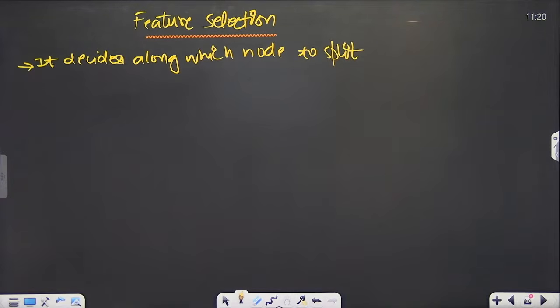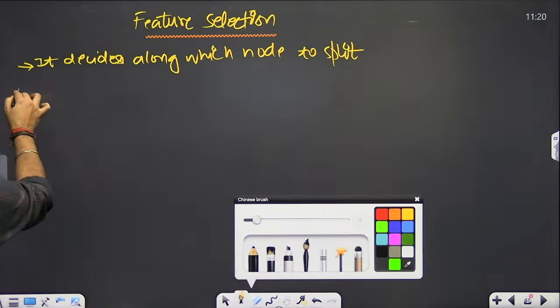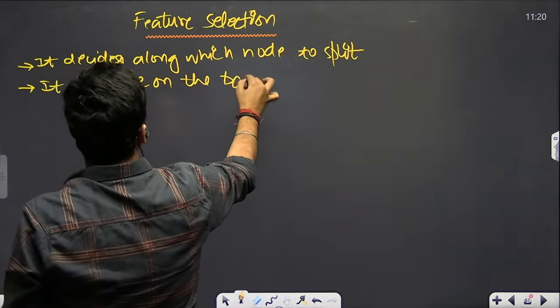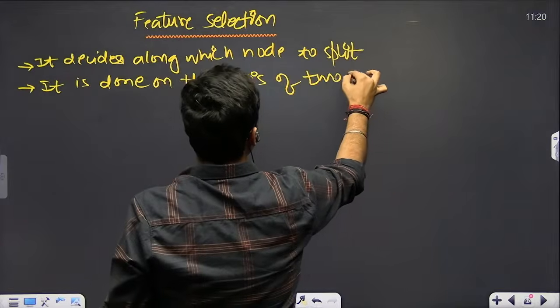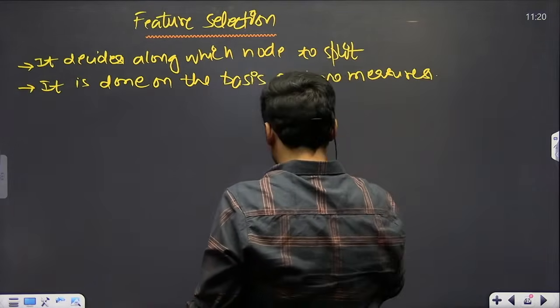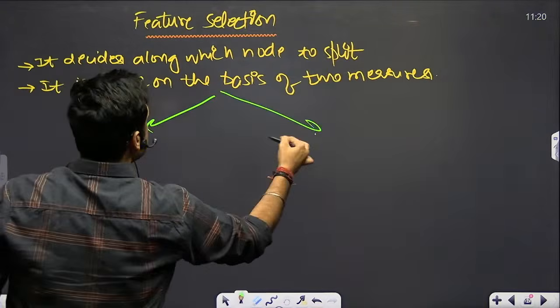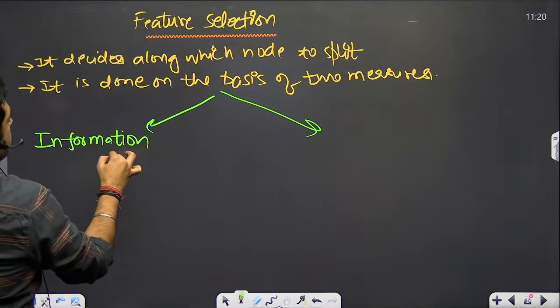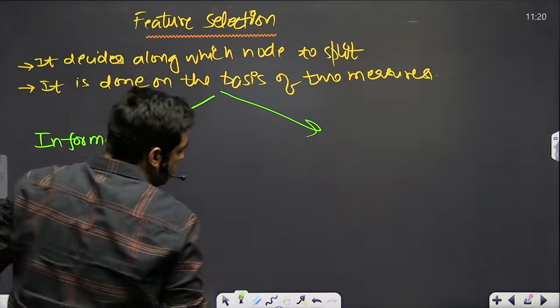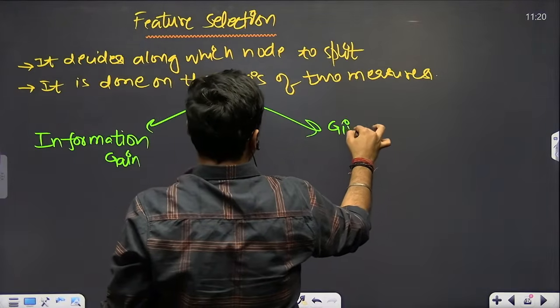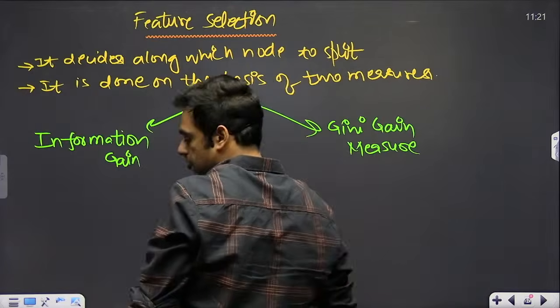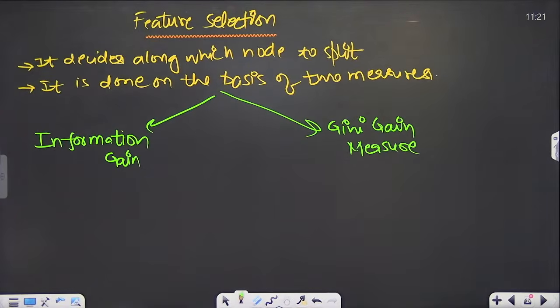The first measure is the information gain measure and the second measure is the Gini gain measure.